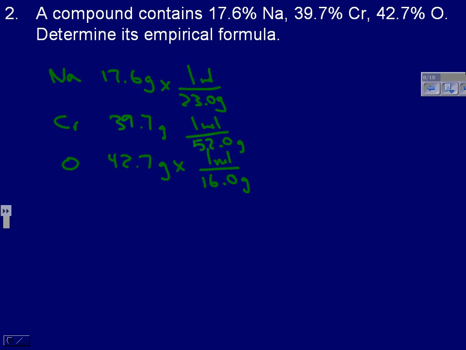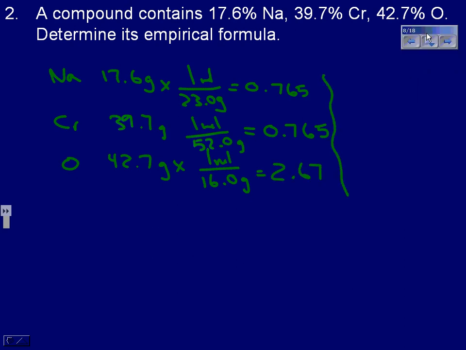17.6 divided by 23, 0.765, 3 significant digits. 39.7 divided by 52 equals 0.765, 3 significant digits. 42.7 divided by 16 equals 2.67.